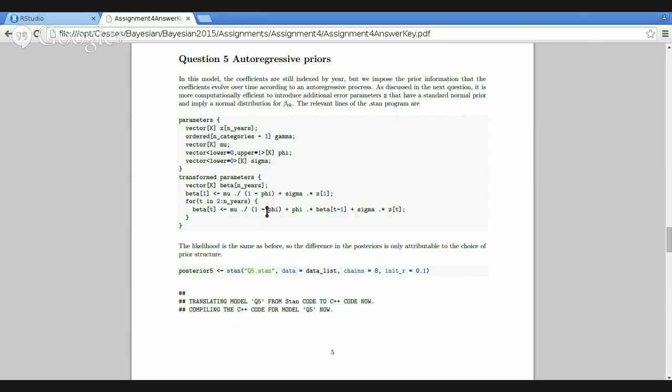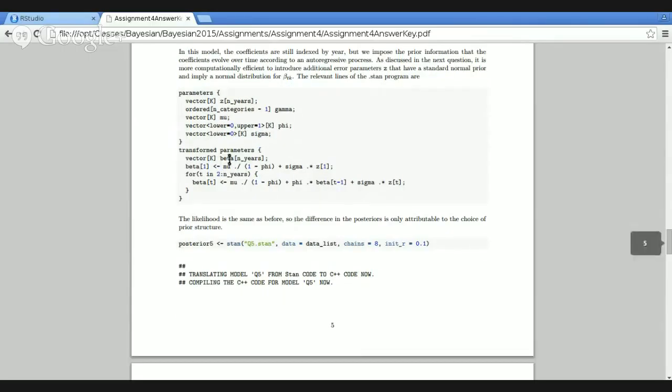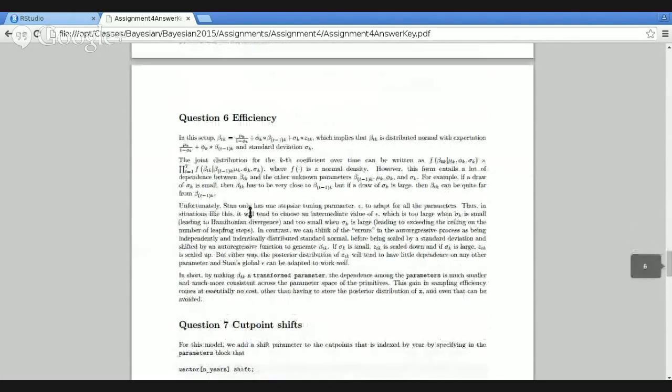And again, we're going to use what we call the Matt trick to put a standard normal prior on these z's to imply a normal, but not standard normal, prior conditional for the coefficients. So that's just another form of the Matt trick. And the likelihood is the same as before. You're just referring to elements of beta, and that runs.